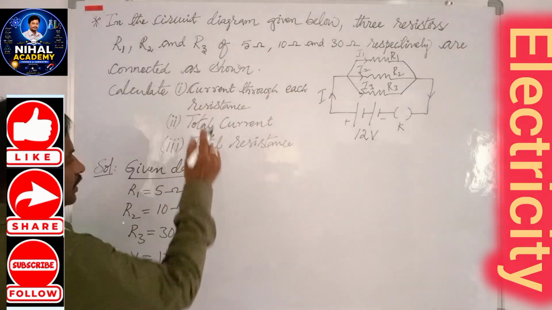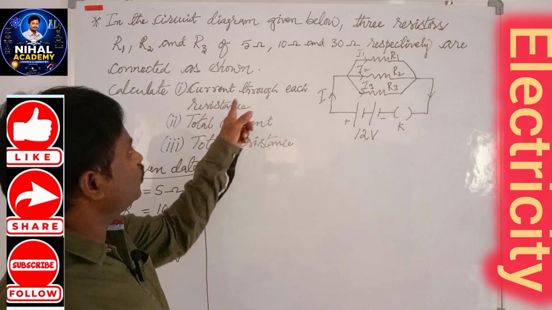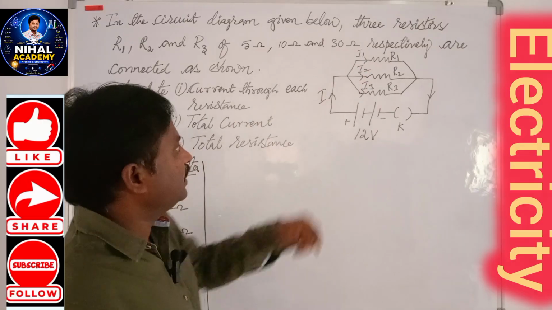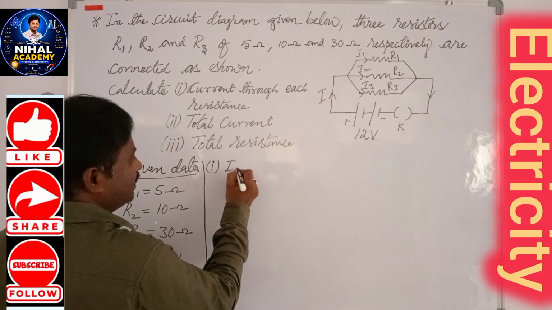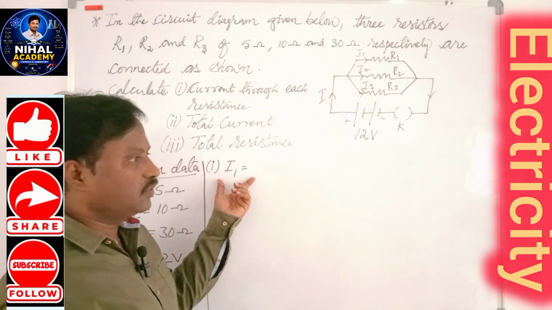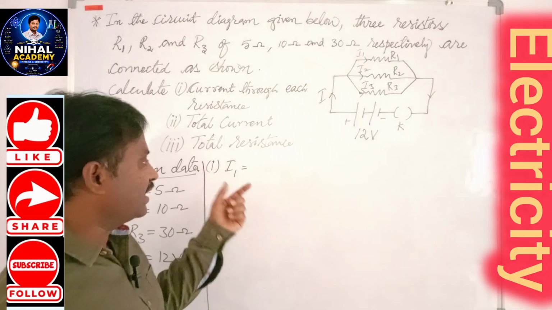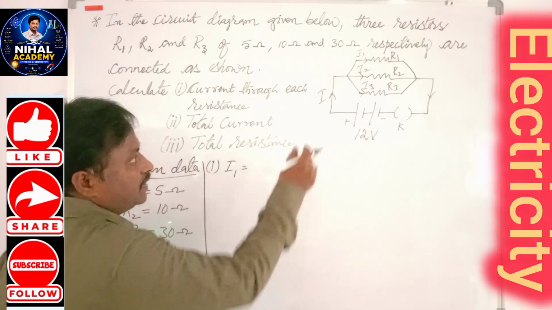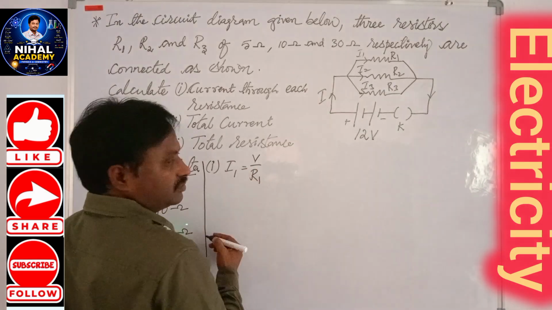Now what we have to calculate in the first question? How to calculate current through each resistance? We have to calculate I1. I1 is equal to, as per Ohm's law, V is equal to IR. So we can write I is equal to V by R. Here potential difference is constant. So V by R1.